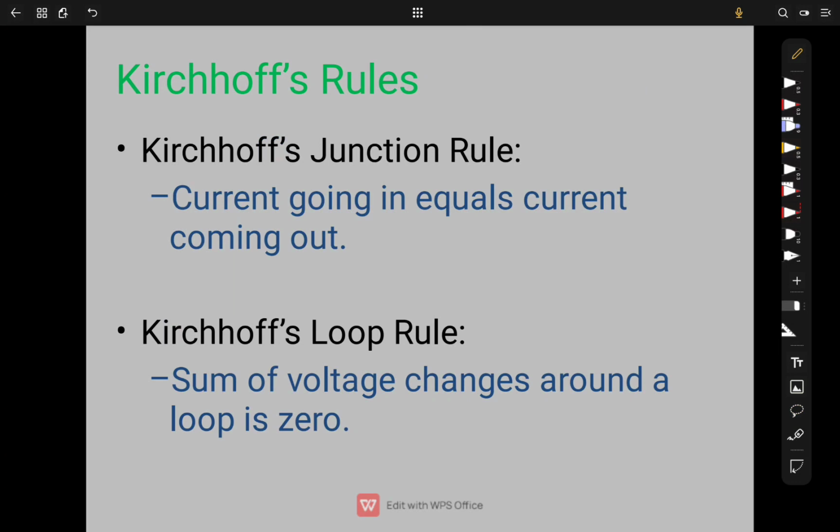Dito po sa Kirchhoff's law, meron tayong dalawang rules na sinusunod. Una is yung Kirchhoff's Junction Rule or mas kilala bilang KCL. Susunod is yung ating Kirchhoff's Loop Rule, which is yung KVL.